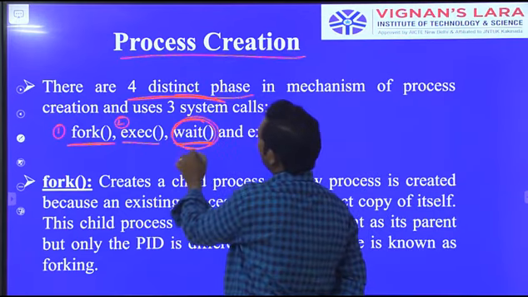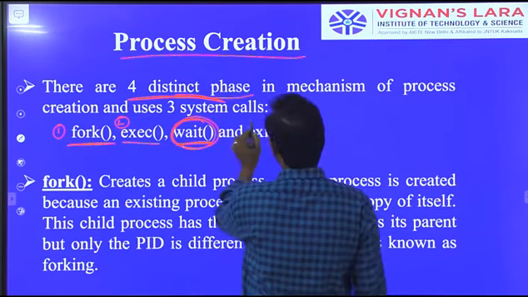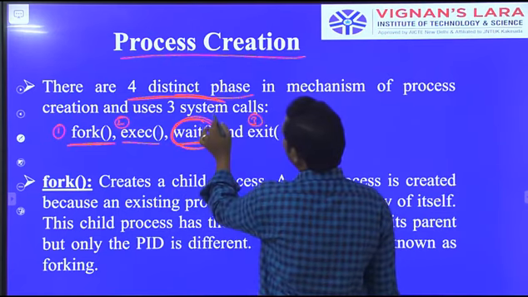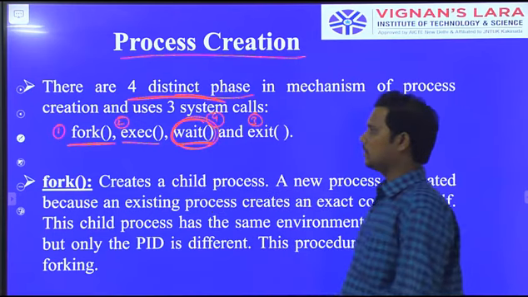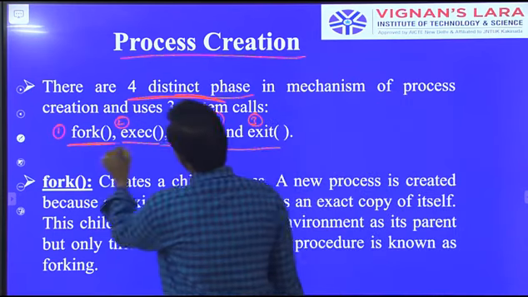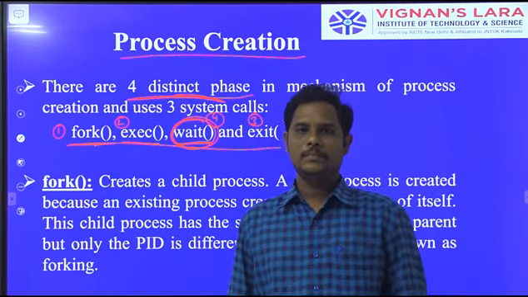I will show you the diagram. This is step 1, 2, this is the 3rd step, sometimes there may be a waiting state, and this is the 4th step. These 4 steps are mandatory for the creation of a new process.